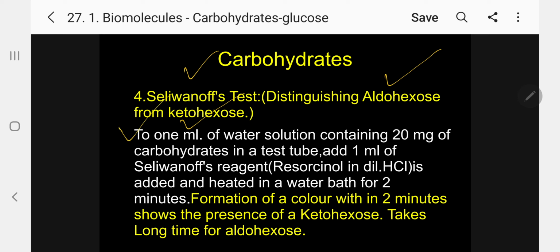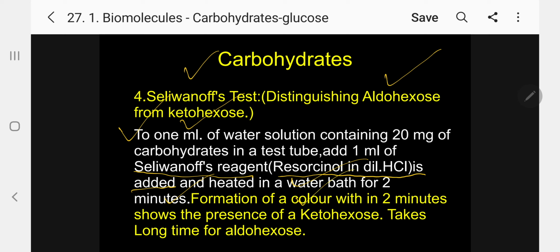To 1 ml of water solution as usual containing 20 milligrams of carbohydrate in a test tube, add 1 ml of Selivanoff's reagent, nothing but resorcinol in dilute HCl. Please follow. Resorcinol in dilute HCl is added and heated in a water bath for 2 minutes. Kindly follow.